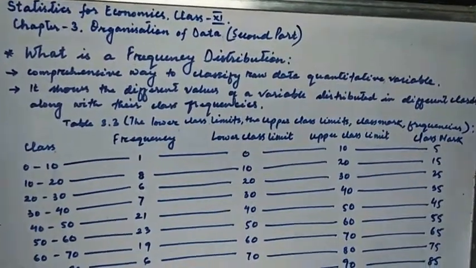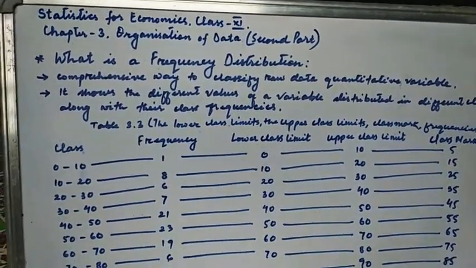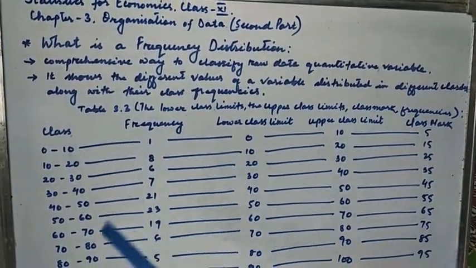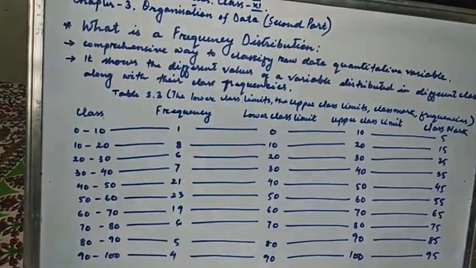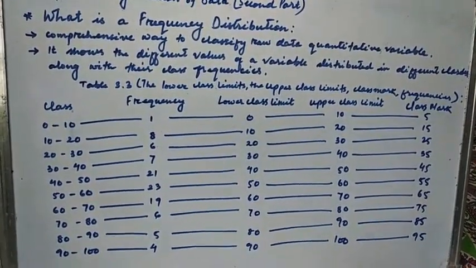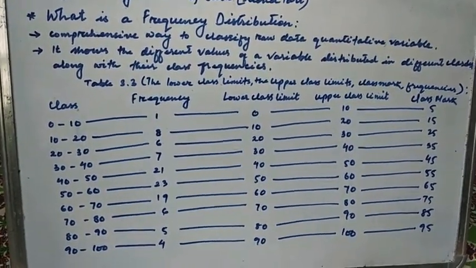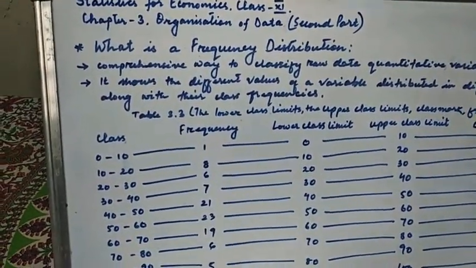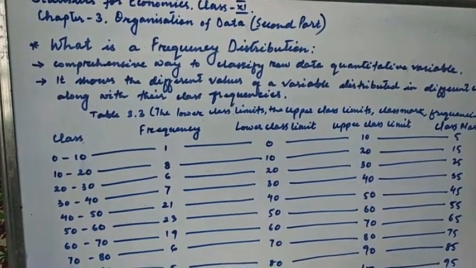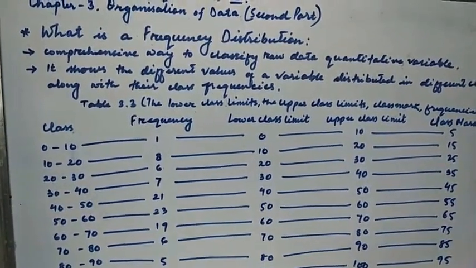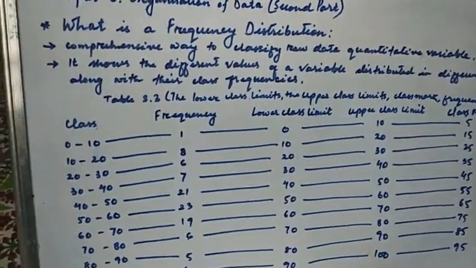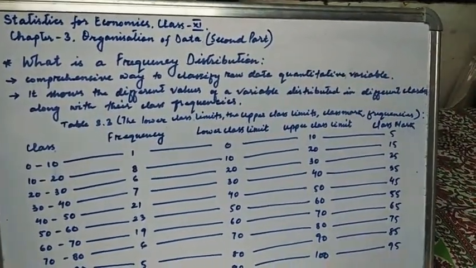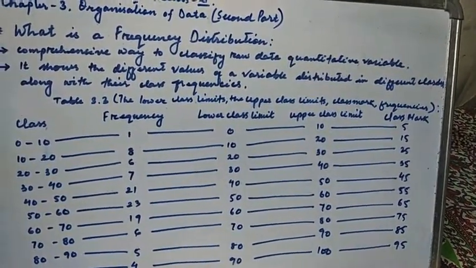Note that this data is derived from the previous table of the marks obtained by students in a mathematics examination. We are using that data to find the frequency, class limit, and the class mark.